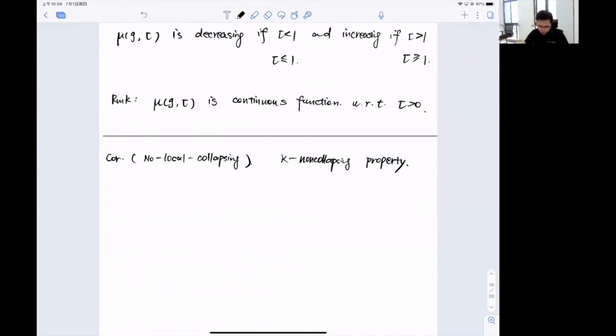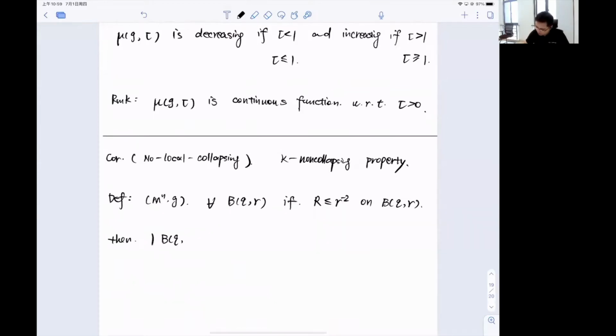So first of all, let me recall what it means to say a Riemannian manifold has the Kappa non-collapsing property. For any Riemannian manifold and any metric ball, if the scalar curvature is bounded above by r to the minus 2 on this geodesic ball, then the volume of this geodesic ball is bounded below by Kappa times r to the n.